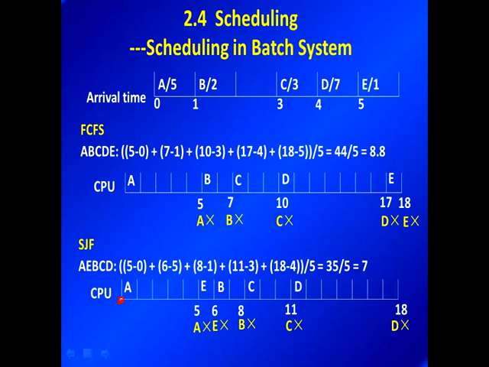We have no choice but to let job A get into the CPU for 1 minute. Why just 1 minute? Because you can see job B arrives at the system at time 1.